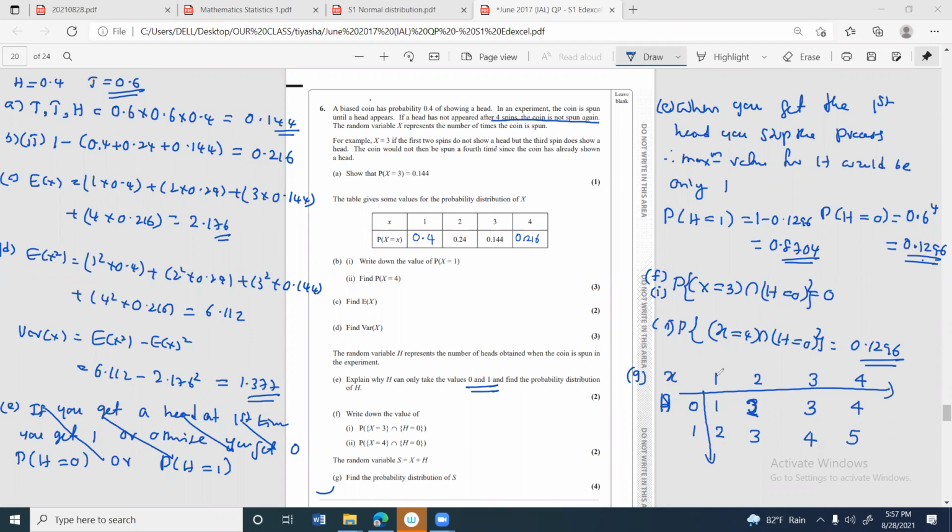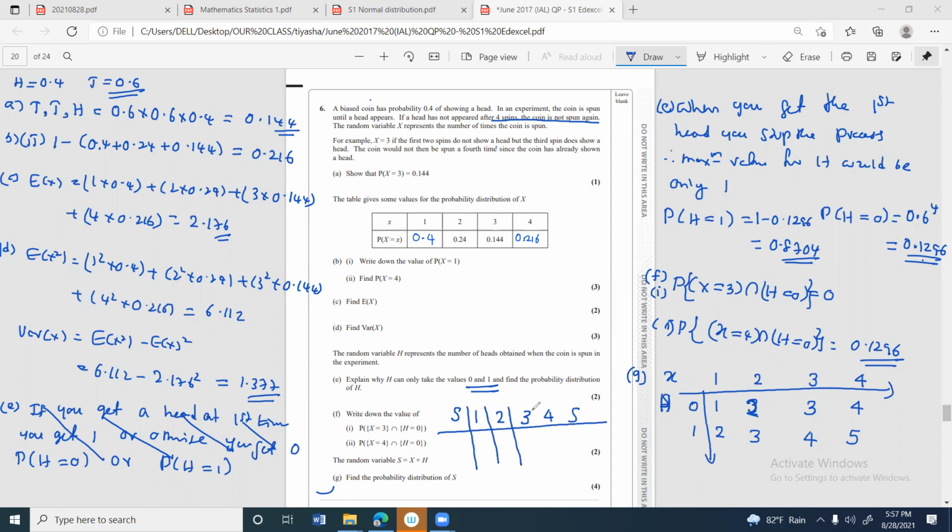That is 1 with 0 is 1, 1 with 1 is 2, 2 with 0 is 2, 2 with 1 is 3, 3 with 0 is 3, and this is 4, and it goes on. Therefore, the distribution for S would have these values: 1, 2, 3, 4, and 5.